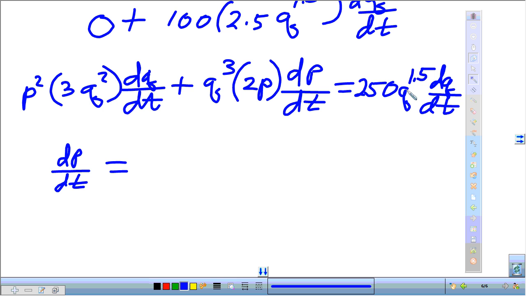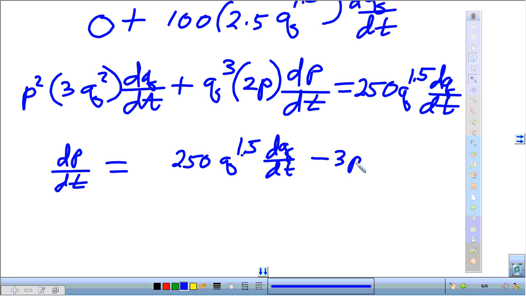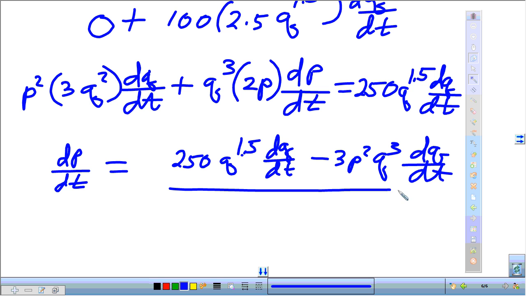So if I solved, I would subtract this dq dt term left and right. When I was done, then I could divide by the coefficient of the dp dt.